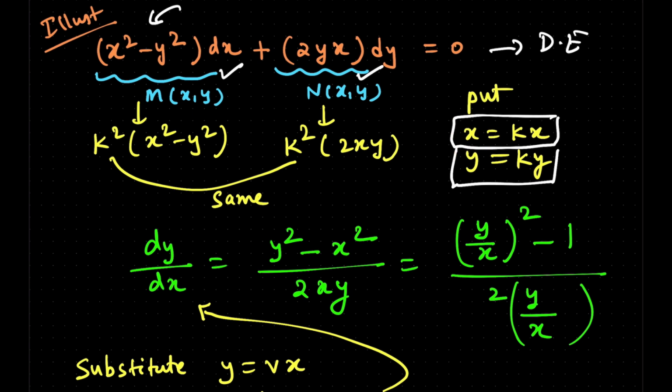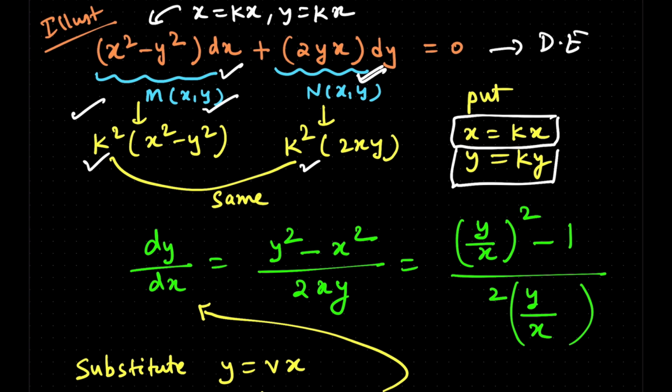You can see the k square term will come out in the M function, and similarly in the second function also the k square term will come out, and this k square term is the same. So it also proves that this is a homogeneous differential equation.